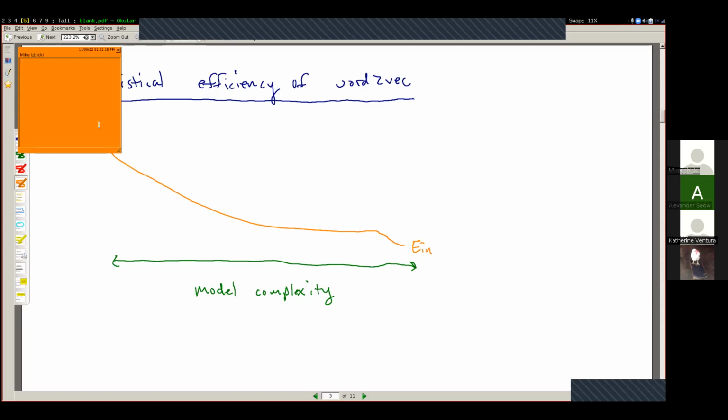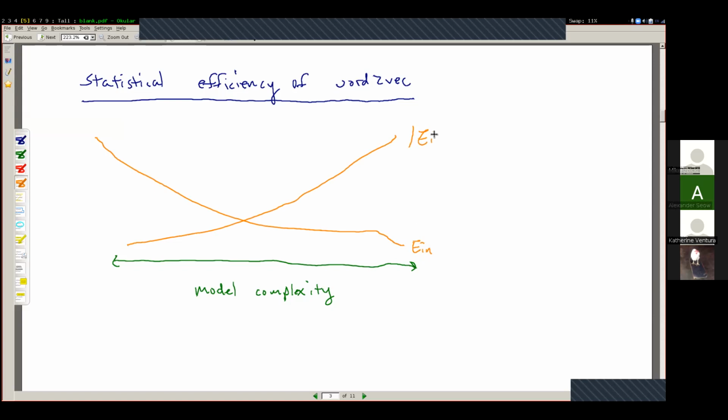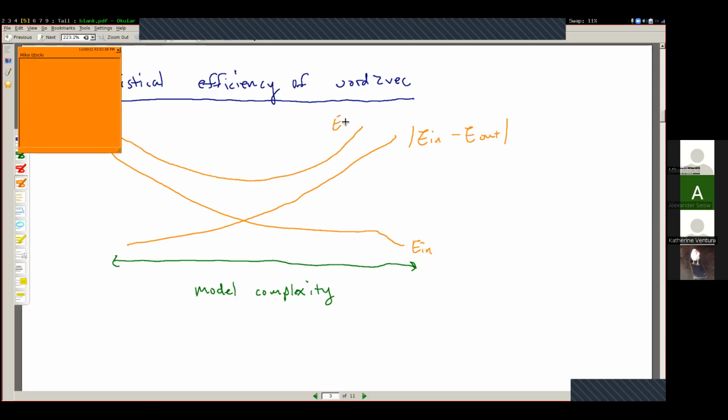Usually it looks a little bit more smooth than that. The generalization error. And our true error. And somehow, when we're learning these word representations, or when we're using the learned representations in other tasks, we need to be thinking about the model complexity of our problem and doing the word vectors appropriately based on that. Again, we talked about many different measures of model complexity so far.